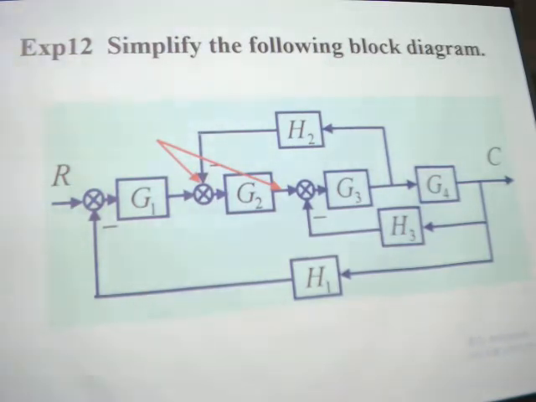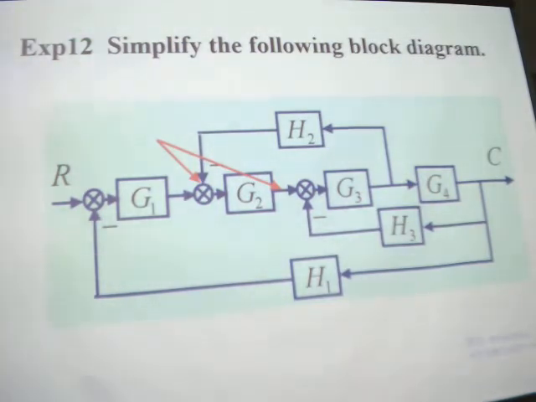Then we can see here is G4, and also here H3.